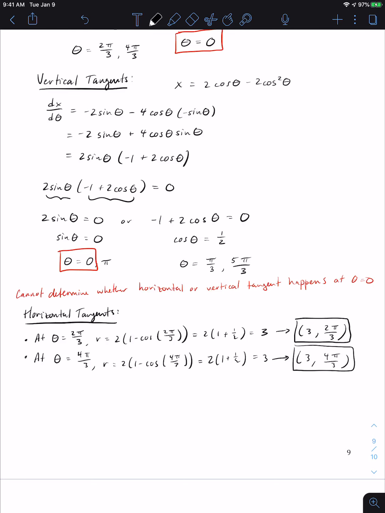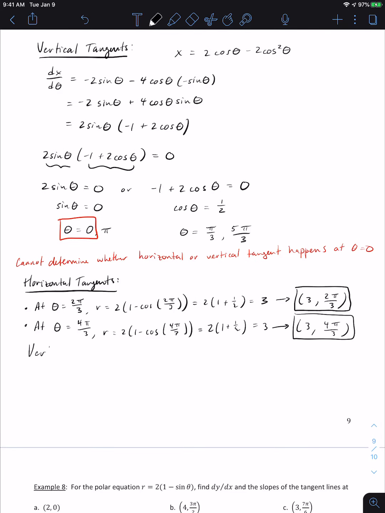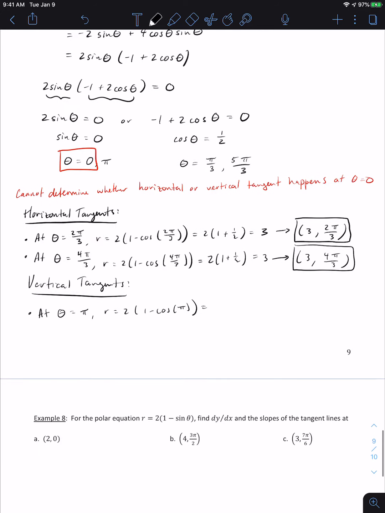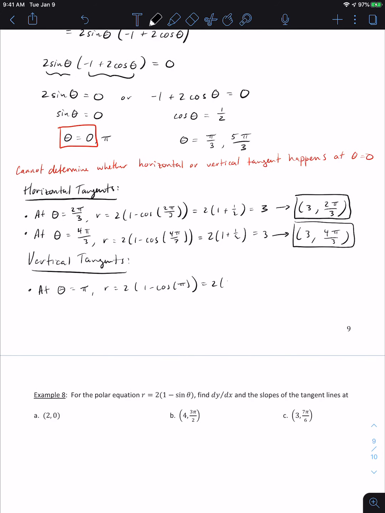And then for my vertical tangents, at theta equals pi, I get r equals 2 times 1 minus cosine at pi. Cosine at pi is negative 1, so 2 times 1 minus negative 1. All right, 2 minuses, so that's plus, so I end up getting 4 here. So I get 4, pi.